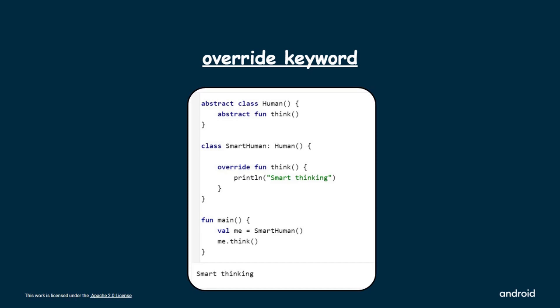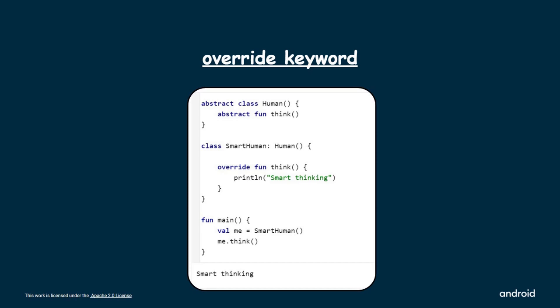In this particular example, we have to define the body of the think function in the smart human class as it extends the abstract class human. So, when we create an object of the derived class smart human and call the think function, it executes the overridden function think of that class and prints smart thinking.